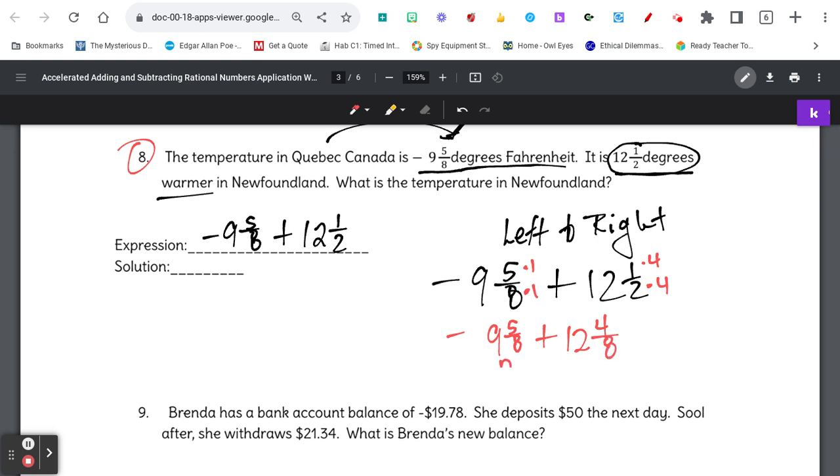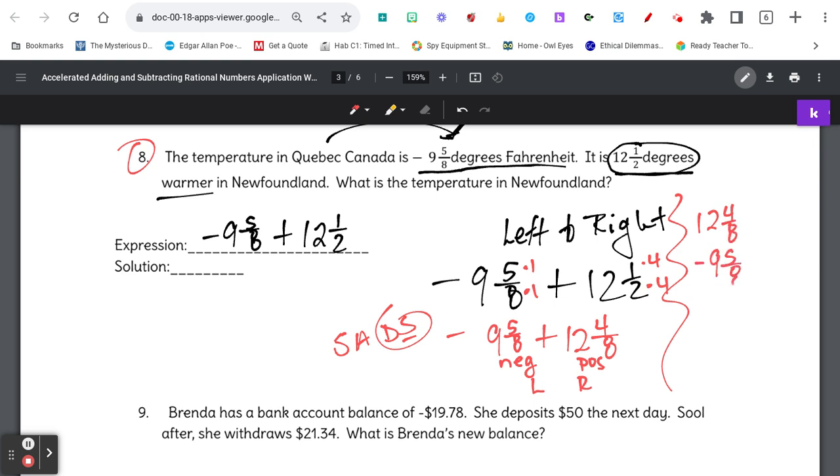But now this is negative, that's positive, or you can say this is left and that's right. At any rate, you're going to subtract. When you subtract mixed numbers, please put the larger group on top and stack them. So I'm going to put 12 and 4/8 on top, minus 9 and 5/8. This helps you to see whether or not you need to regroup.